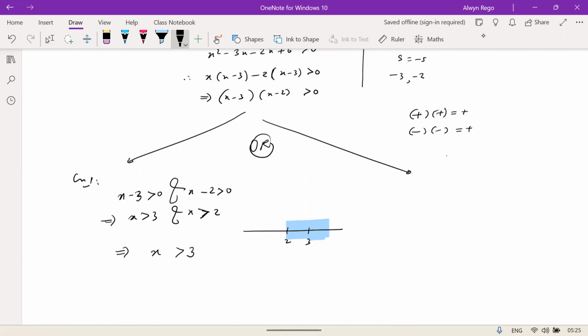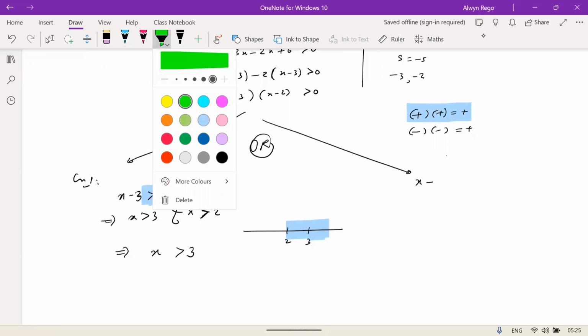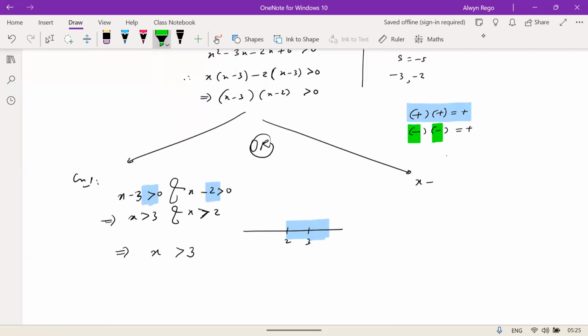Yeah, and here you have x minus 2. As I said, both are positive, more than 0 and more than 0, because positive times positive is positive, or both could be negative, because negative times negative is also positive. So you have here x minus 3 is less than 0, and x minus 2 is less than 0, which implies that x is less than 3 and x is less than 2.